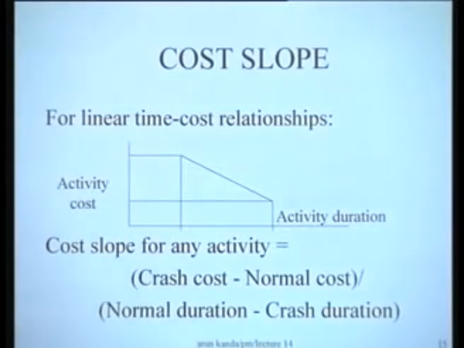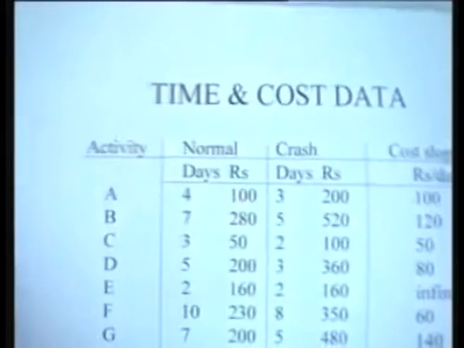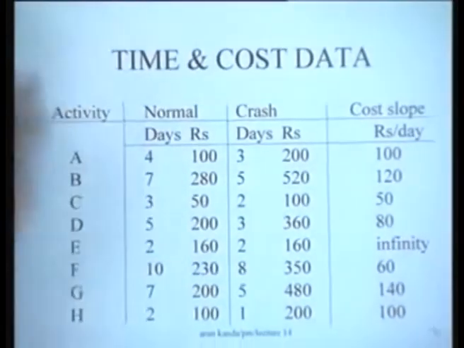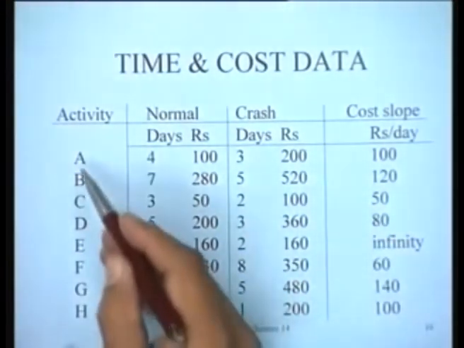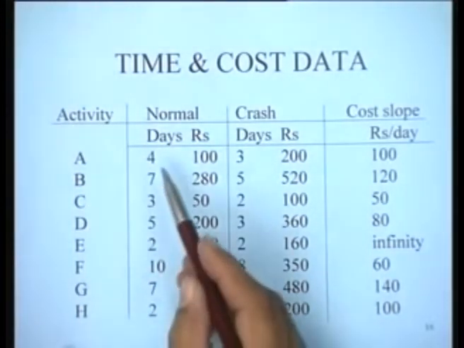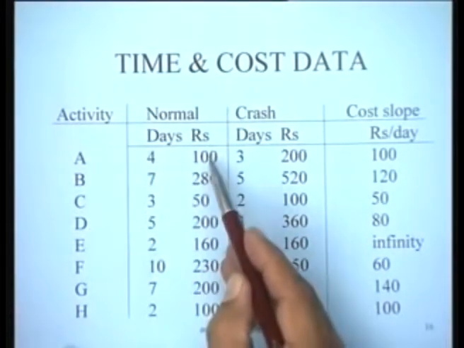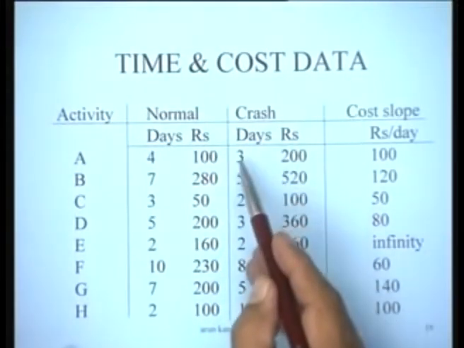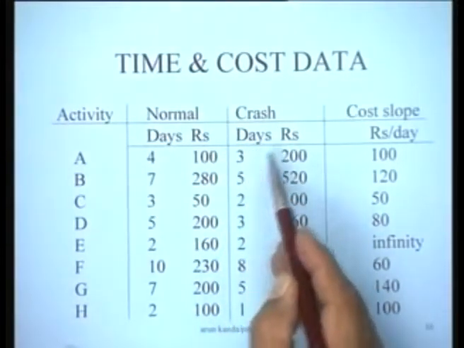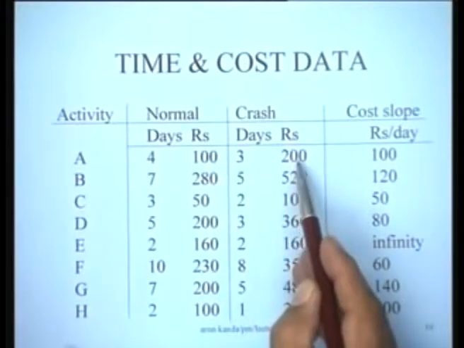So for the example that we just showed you, the time cost data for the example is as shown here. These are the activities. The normal duration in days and the normal cost in rupees is given here, and the crash duration in days and the crash cost in rupees is given here.